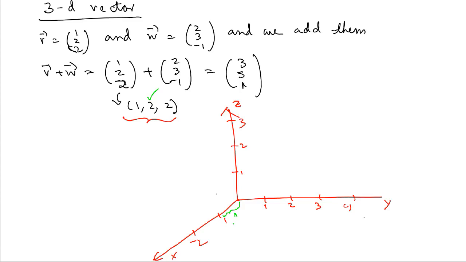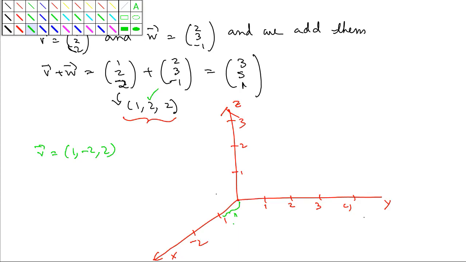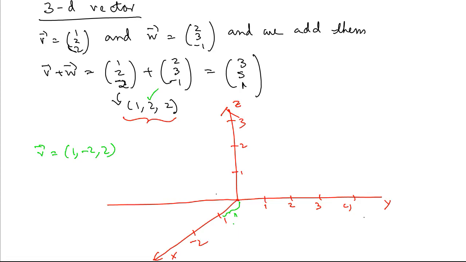So I'm interested in plotting vector 1, -2, and -2. That is more interesting. 1, and I would like to do -2 along the y-axis. So that means I need to extend my y-axis in the other direction as well. Let's do that. -1 and -2, right?